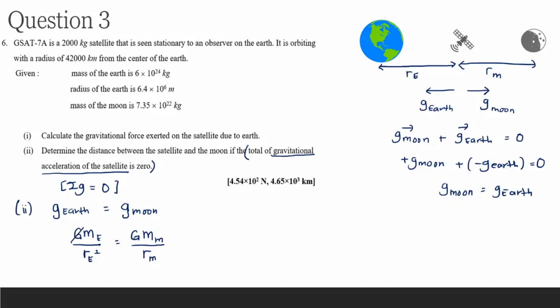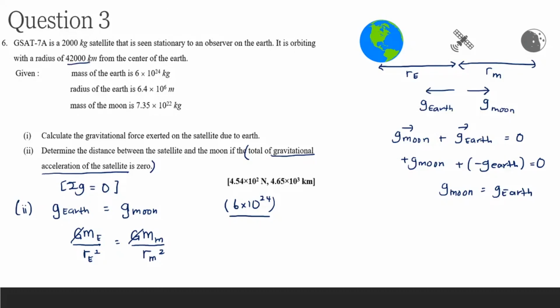Okay, so kita ulanglah apa yang kita dah buat tadi kan. Kita cancel G, dan kita substitute M_E, M_M. Okay, kita substitute sekarang. Mass of the Earth 6 exponent 24. R of Earth, okay, berapa? Kita tahu tak distance daripada satelit pergi dekat Earth? Ya, kita tahu. Dia dah bagi tahu kat sini.